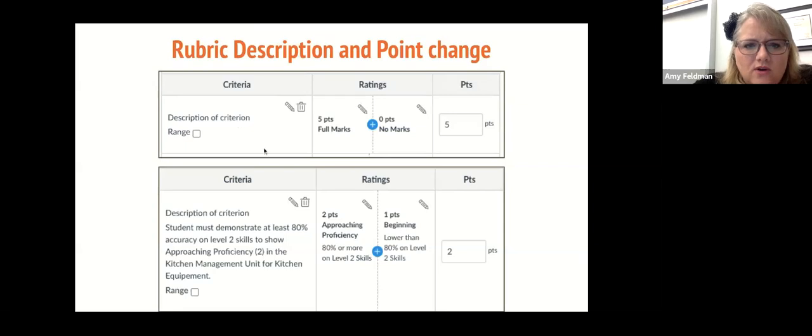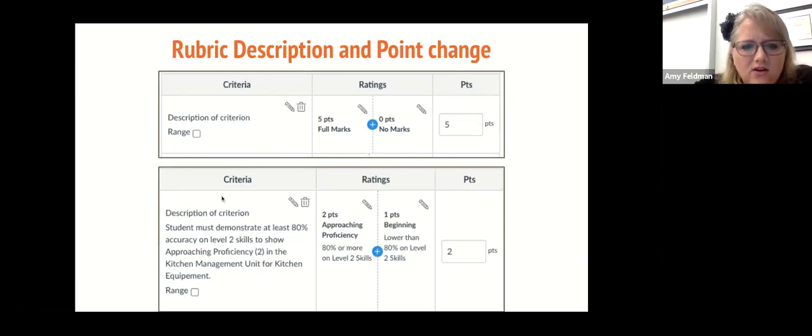So here is what Canvas gives us, right? 5 to 0. But this is a level 2 vocab quiz, so I only want it worth 2 points. So I'm going to change that. Now, in our school, again, it might be different for your school, but in my school, we strive for at least 80% accuracy on a level 2 skill to show approaching proficiency, which is level 2 in standards-based grading.